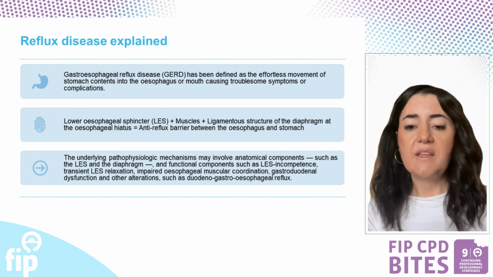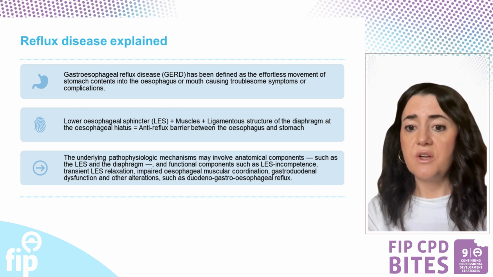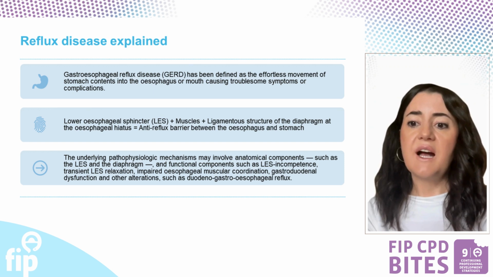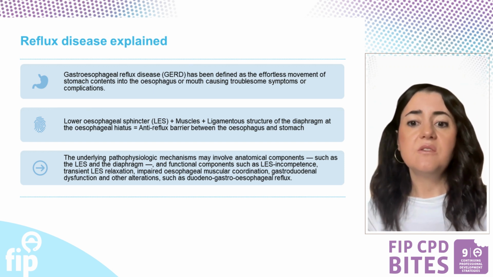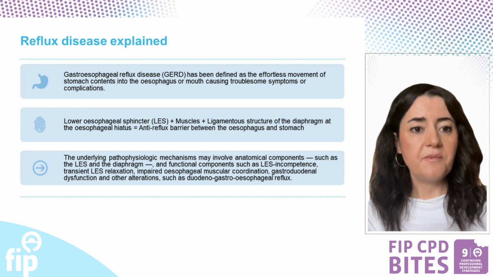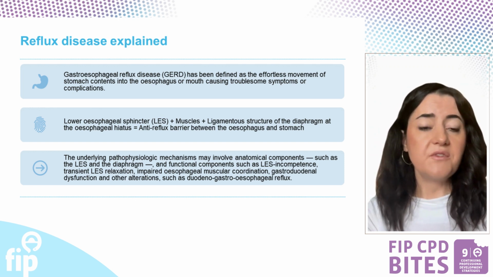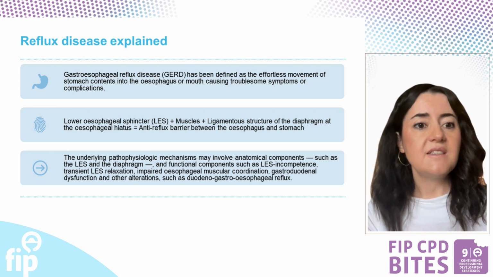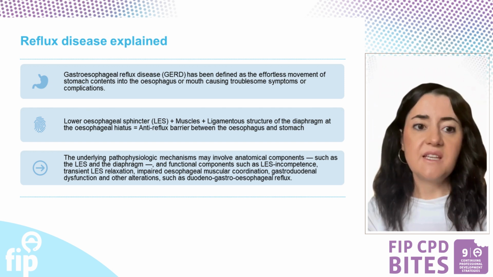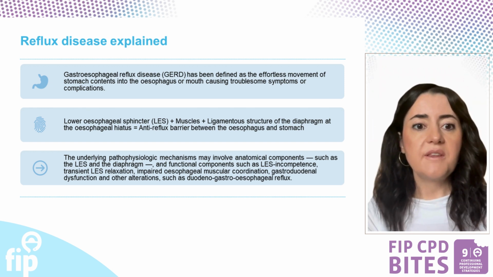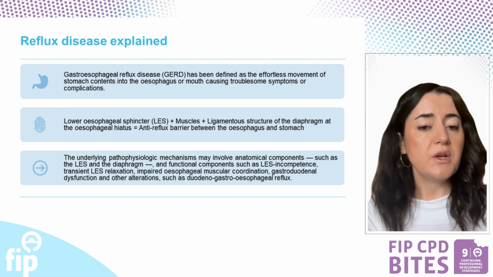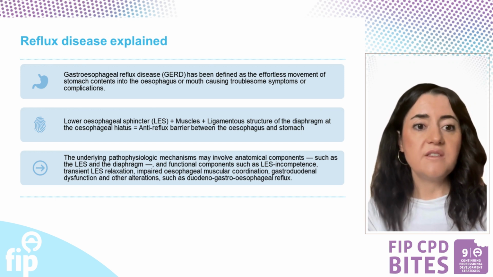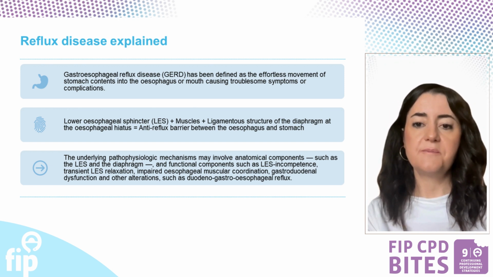level. This creates pathological exposure of the esophageal mucosa to the gastric acidic content, which may lead to the symptoms and also to damage. The underlying pathophysiological mechanism may involve anatomical components such as the LES and the diaphragm, but also functional components such as LES incompetence, transient LES relaxation, impaired esophageal muscular coordination, gastroduodenal dysfunction, and other alterations.